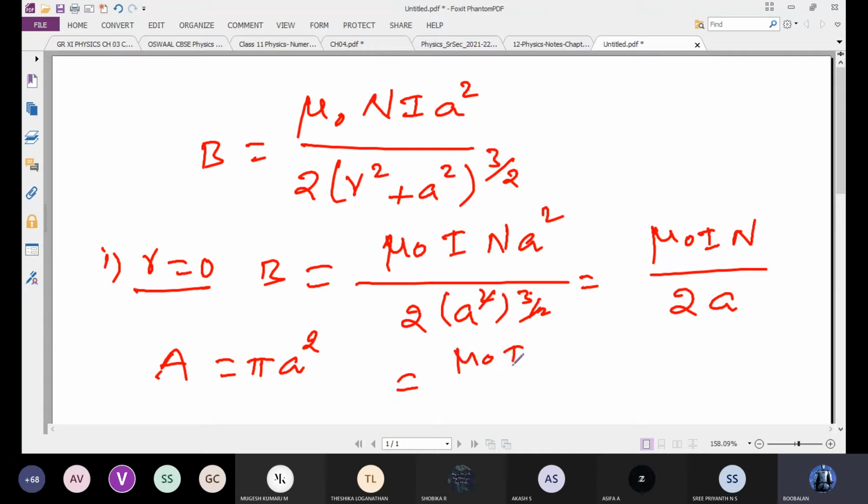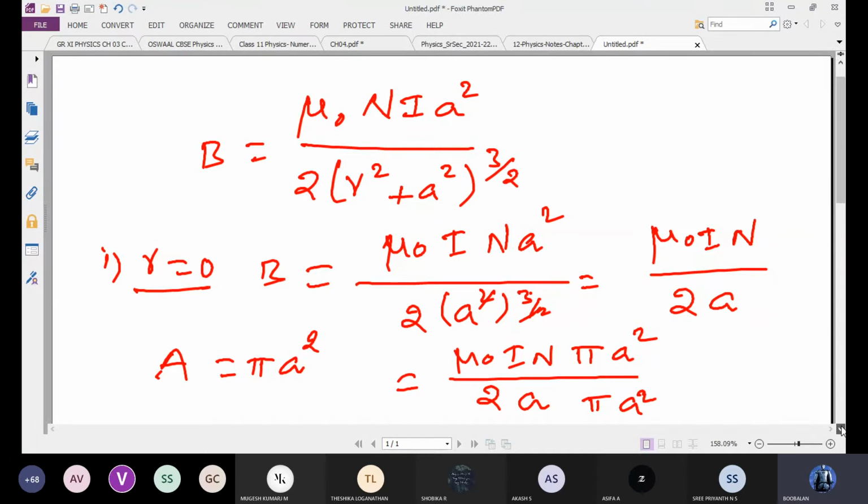mu naught I n, pi a square divided by 2 pi, 2 a pi a square. So just multiply with pi a square divided by pi a square.